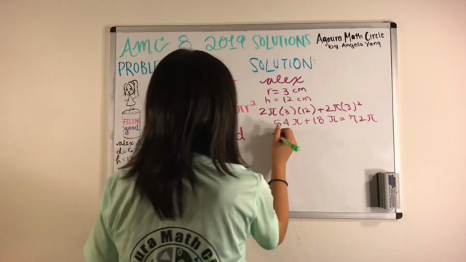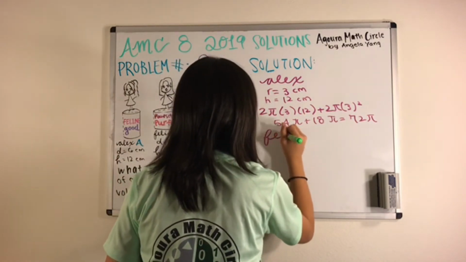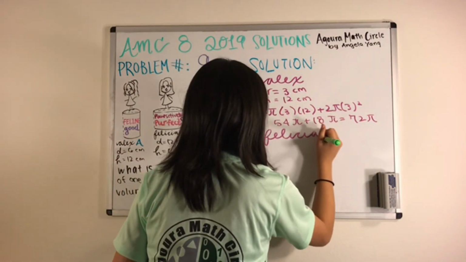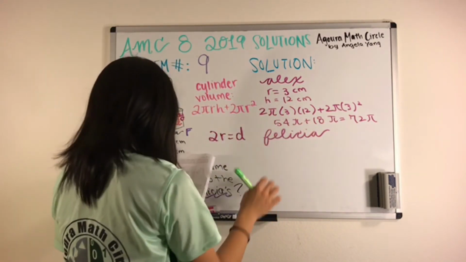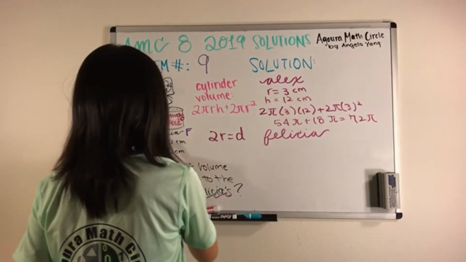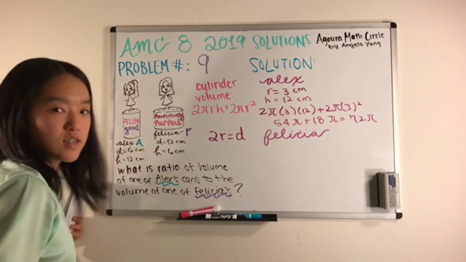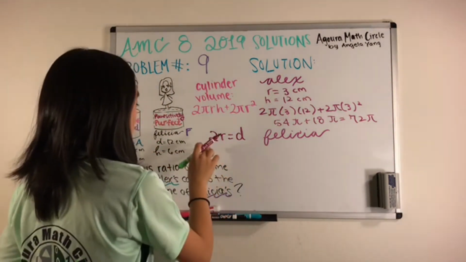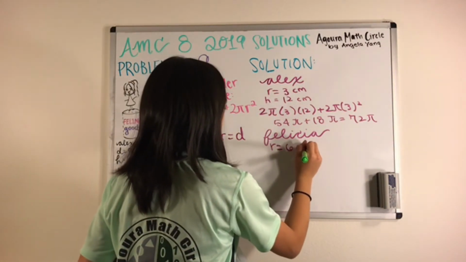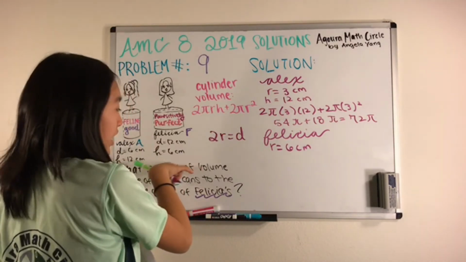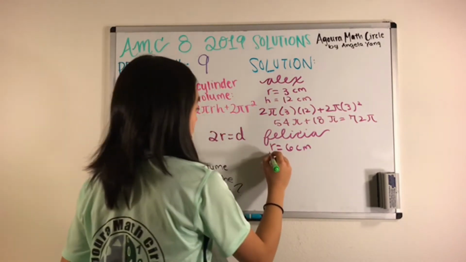Now we have to solve out Felicia. Okay, for Felicia, her diameter, as you can see, is 12 centimeters, and half of that would be our radius of 6 centimeters. So r equals 6 centimeters in this case. And then the height equals 6 centimeters as well.